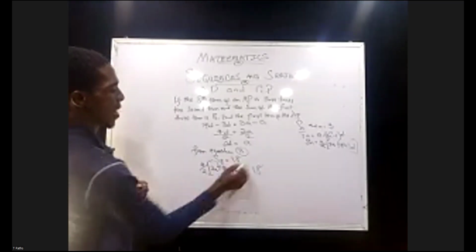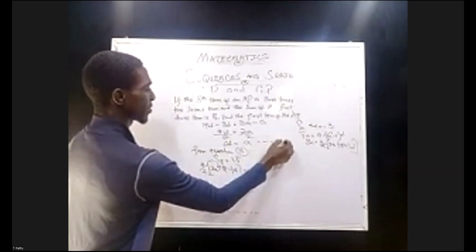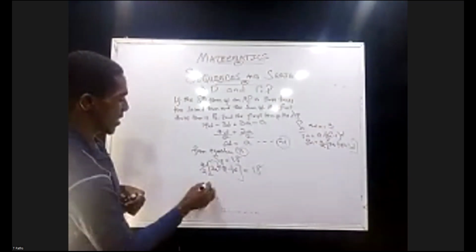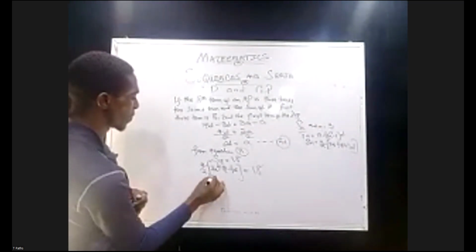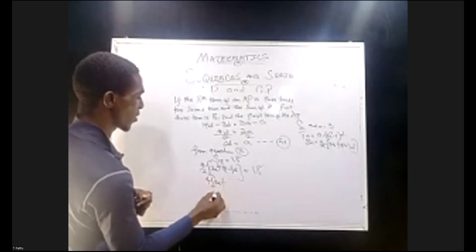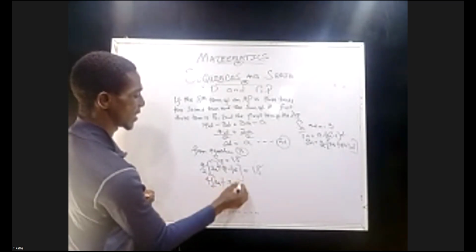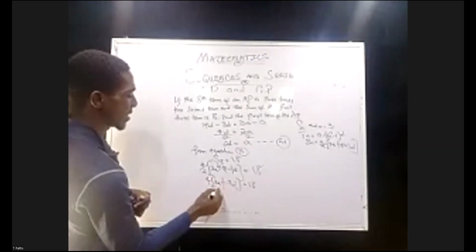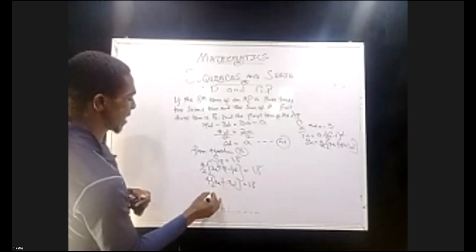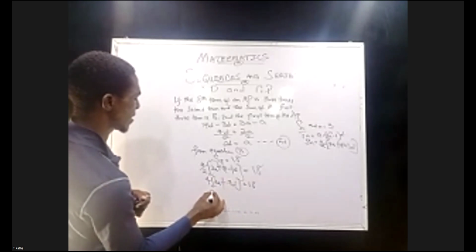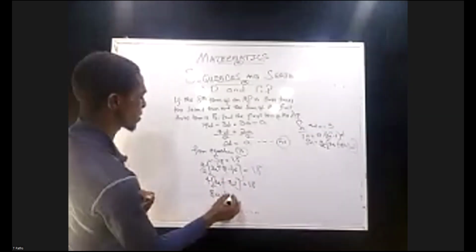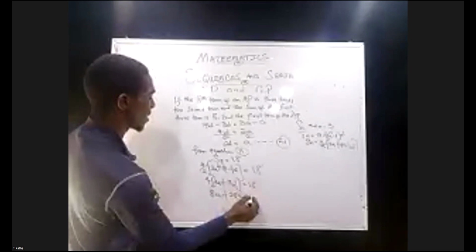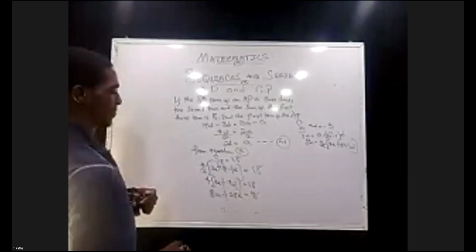Then here, I can call this one equation 3 because I'll be substituting it later. Here I have 8 divided by 2 is 4, open bracket, 2a plus 7d, close bracket, equals 18. I can multiply all through by 4, so here is 8a plus 28d equals 18.